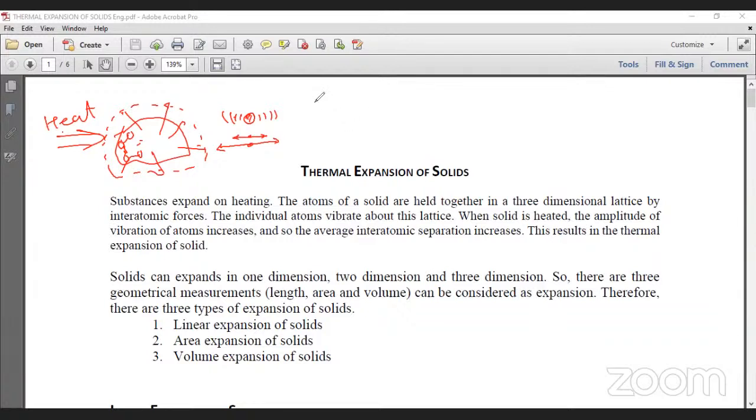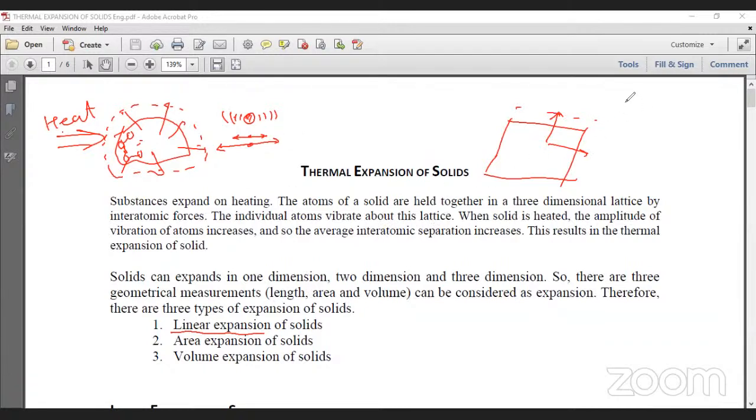We are considering only one-dimensional expansion, right? So we call it linear expansion here. And if you consider a sheet-like object, normally it expands in this direction and this way. So all objects show three-dimensional expansion.